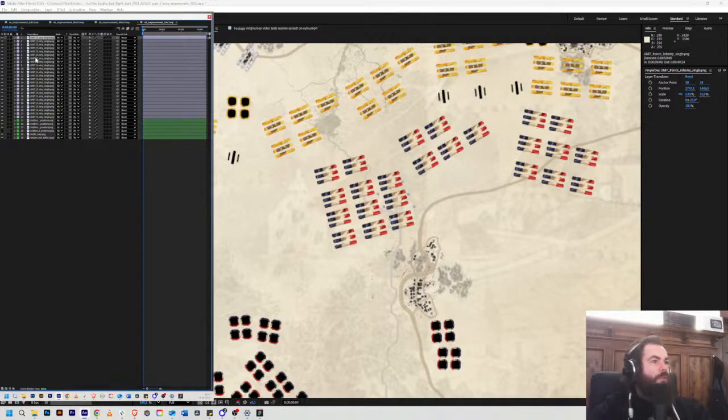Now I need to rearrange them because I was sloppy. This one's gonna be my first. This one's gonna be my second.